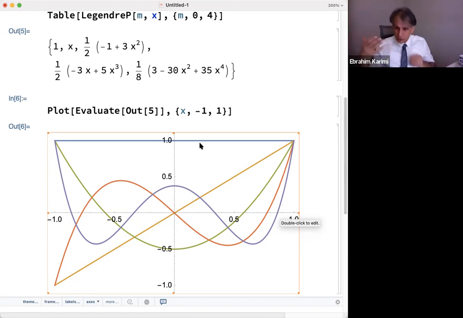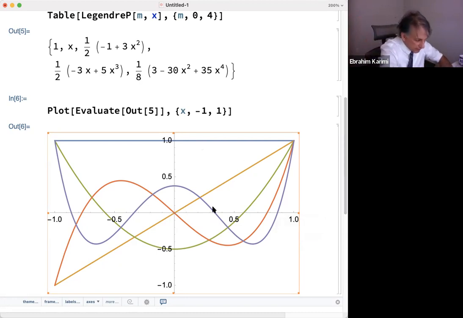The condition that you are asking is that Pn at the given value should be equal to 0. Not all Legendre polynomials will touch the x-axis at that point. That's the reason you are posing a condition and picking up the Legendre polynomials that have a zero value at that given point.